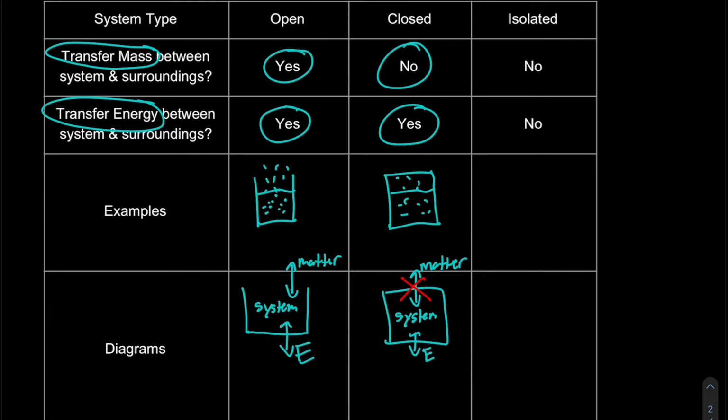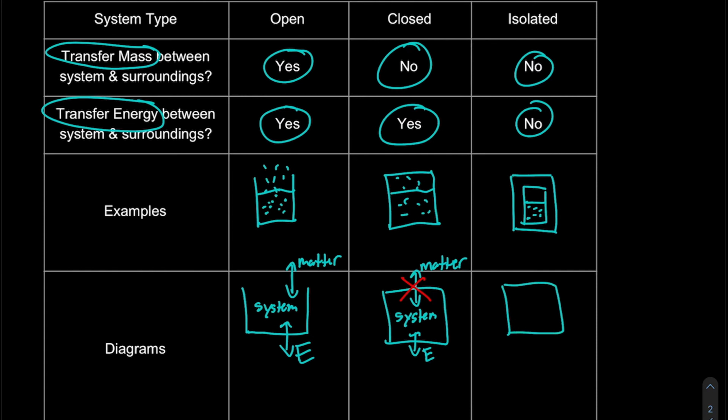Then an isolated system means there is no transfer of energy and no transfer of matter. So this would be something perhaps like a hydro flask where now it's sealed and we have our container in here. We don't have the ability for energy or matter to be separated.